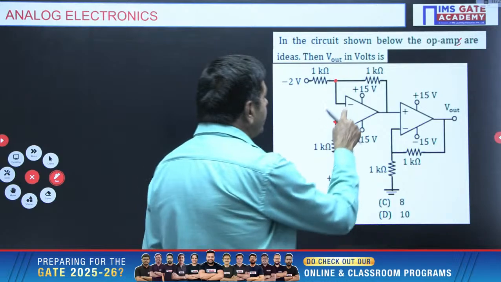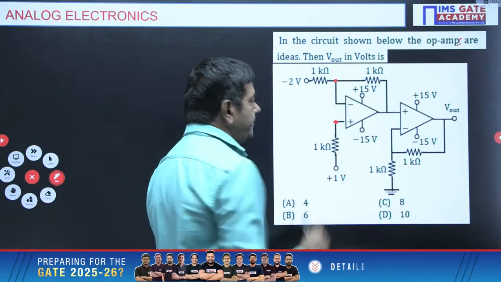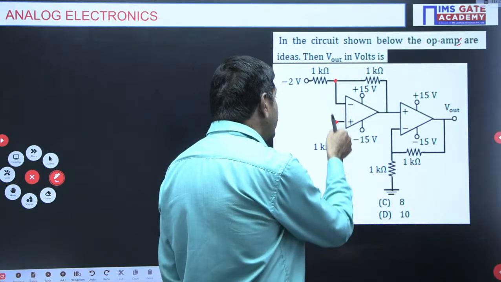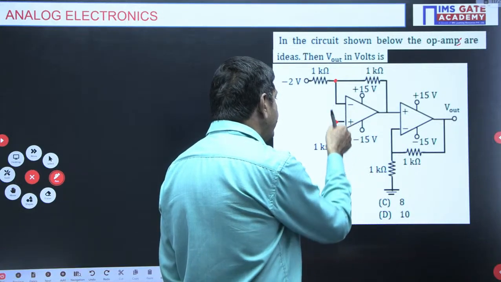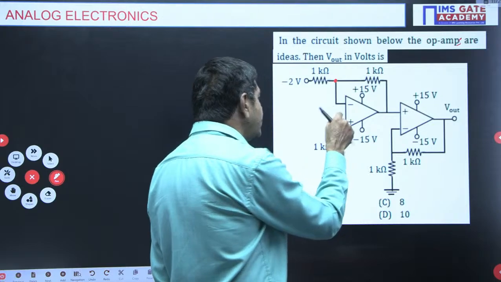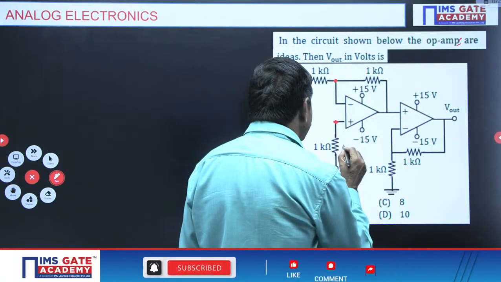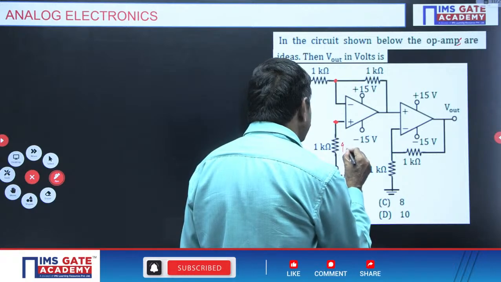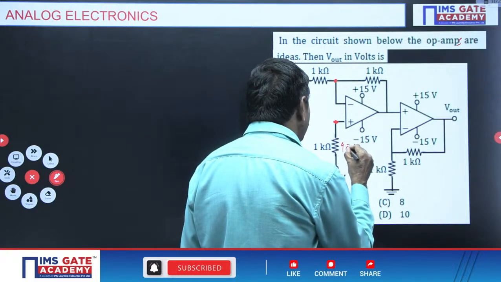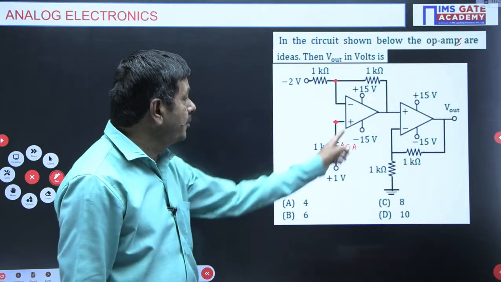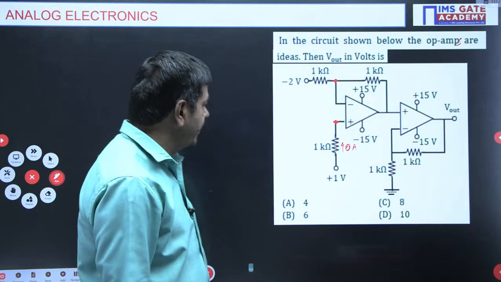For an ideal op-amp, input impedance is infinity. If input impedance is infinity, the current passing through this wire is 0 amperes only. No current will flow towards V plus, because the input impedance is very high.